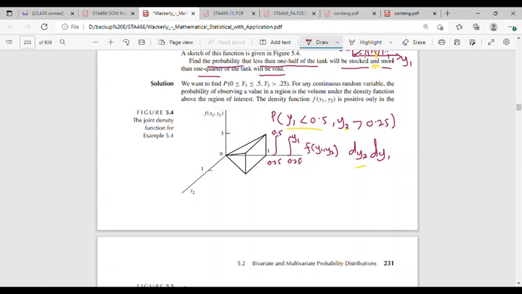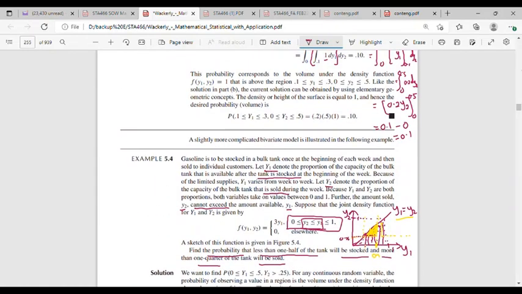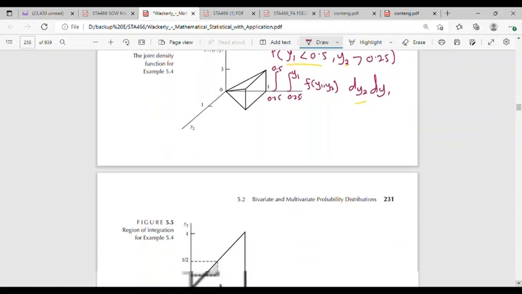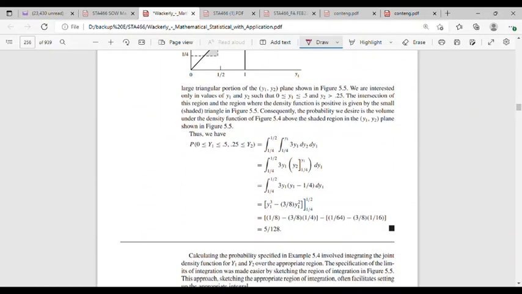Okay, the function is 3y1. So we integrate the function of 3y1 with respect to y2. Okay, first thing first, integrate dulu di y2.